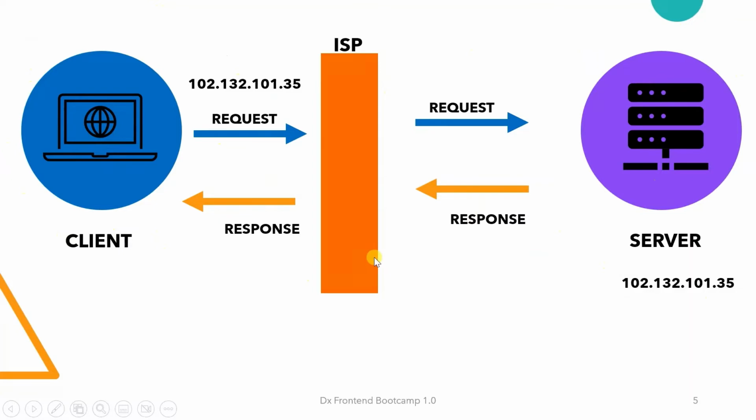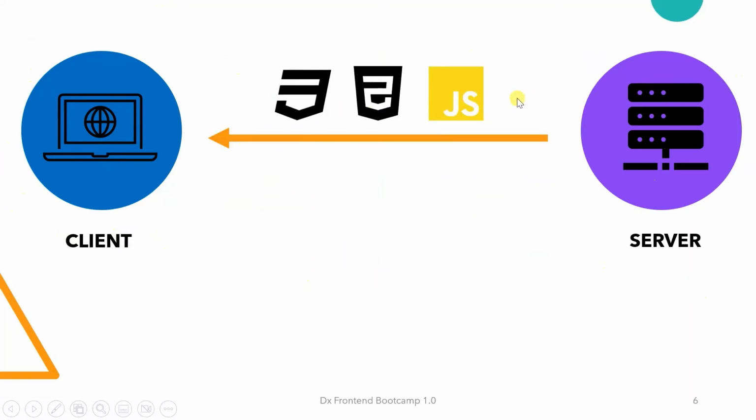Now, this response is going to consist of a message and a few files. An example of those files are HTML, CSS, and JavaScript files. Now, these files, what exactly are they? Well, HTML is just a markup language that determines the layout of your web page, while the CSS determines the design that is going to be applied to that particular layout.